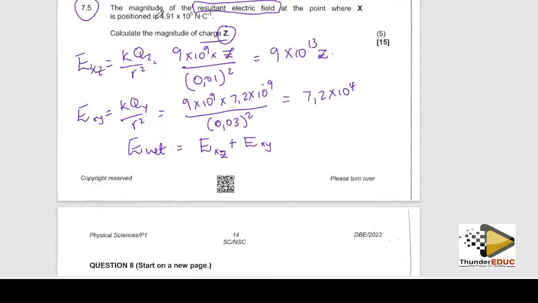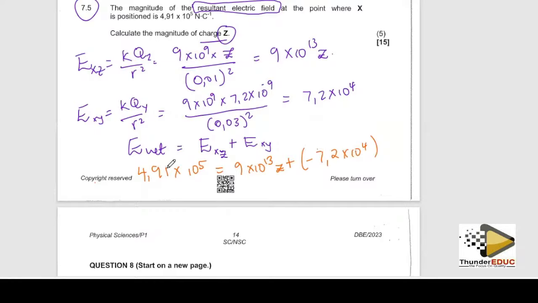They gave us the net as 4.91 times 10 to the 5. EXZ is 9 times 10 to the 13 Z plus, this is going to be negative 7.2 times 10 to the 4, EXY.